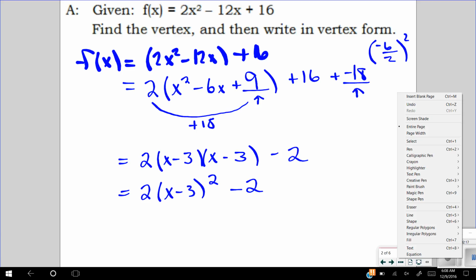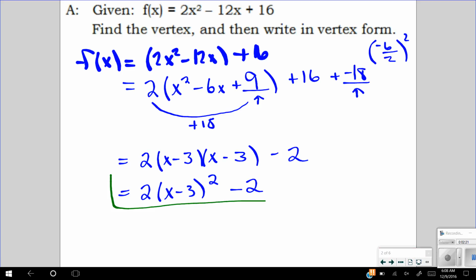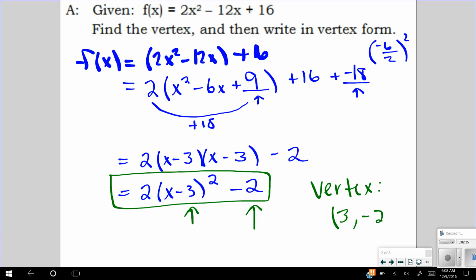So here I have vertex form. And then the second part of the question is find the vertex. So the vertex is the opposite of this value, so positive 3, and this value, negative 2. That's your horizontal shift and your vertical shift. So the vertex is (3, negative 2).